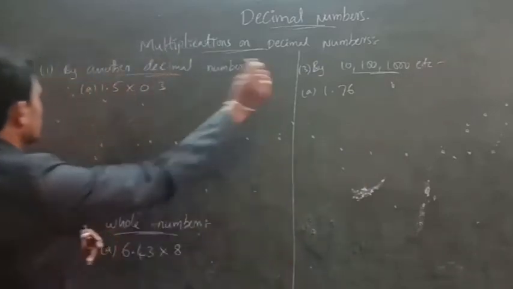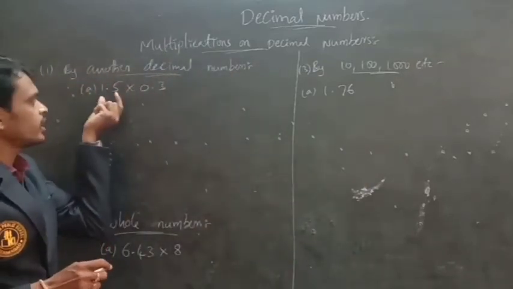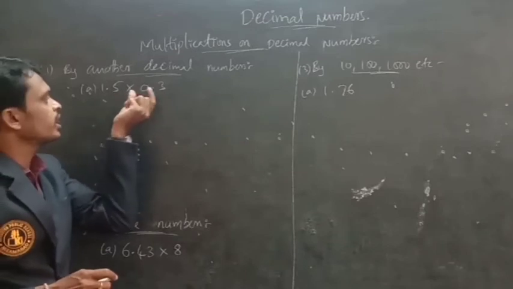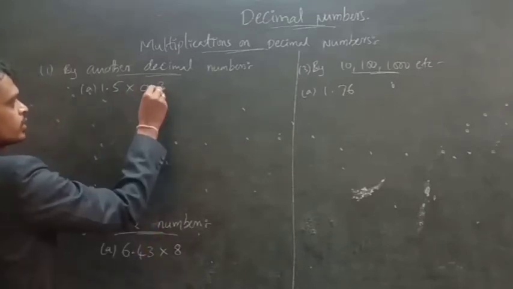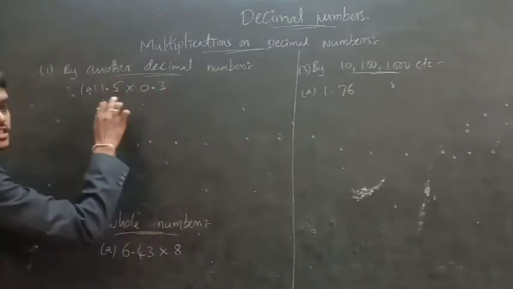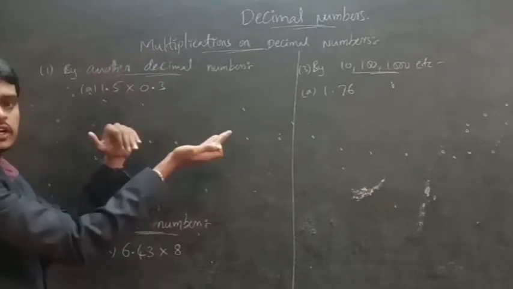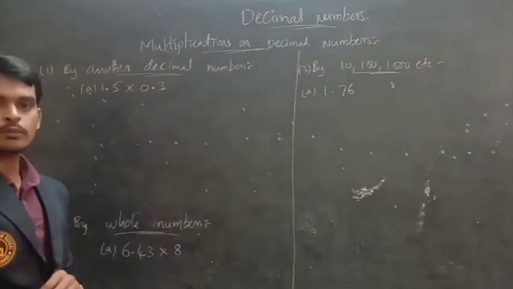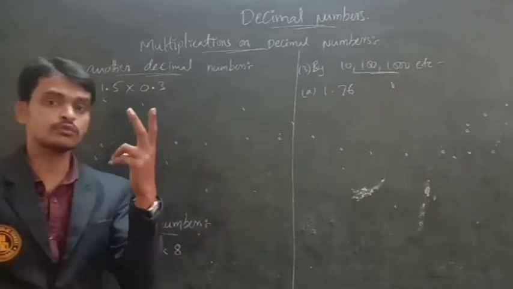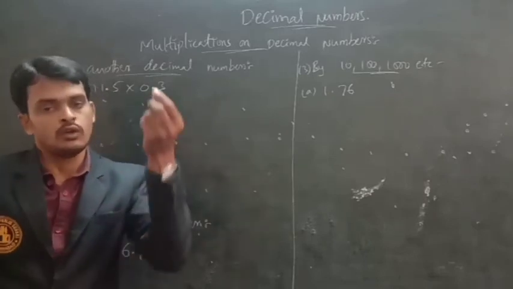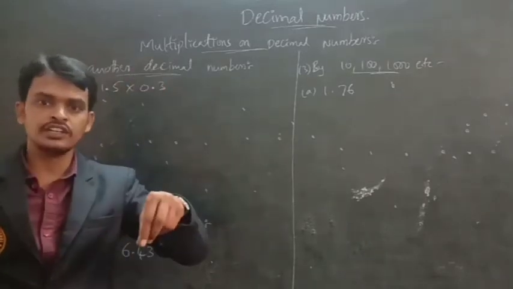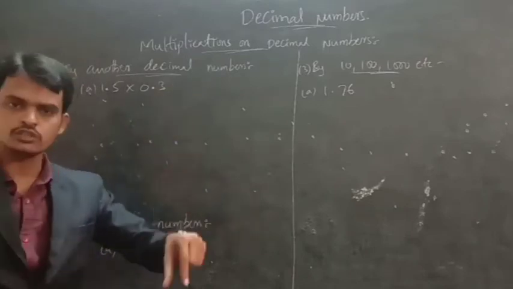So here, first we are multiplying a decimal number, 1.5, by another decimal number, 0.3. Here also we have two methods. As we did in addition, the same in multiplication also.